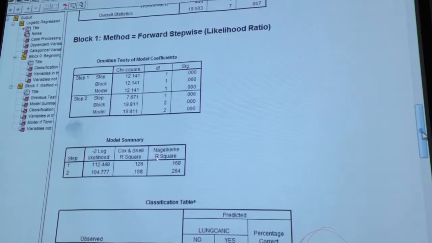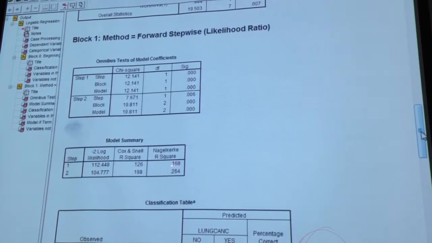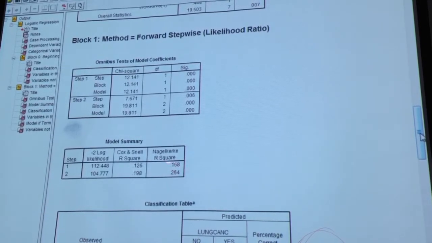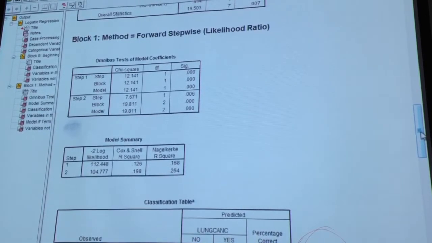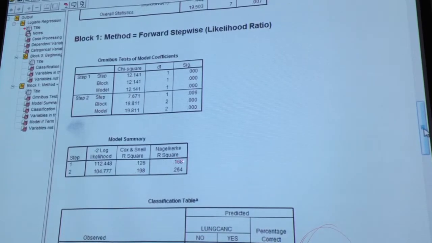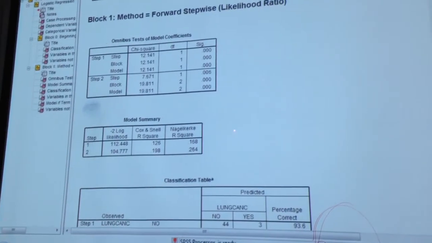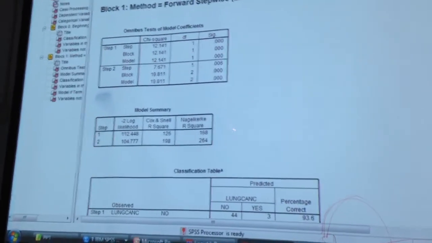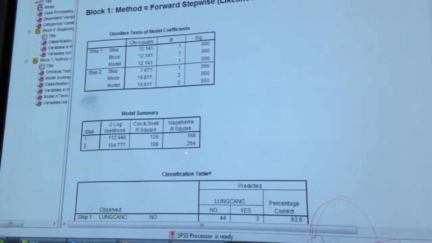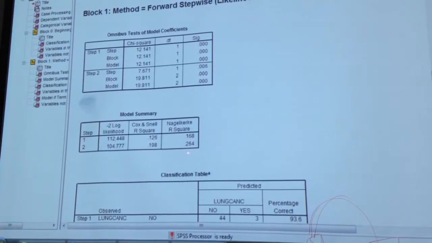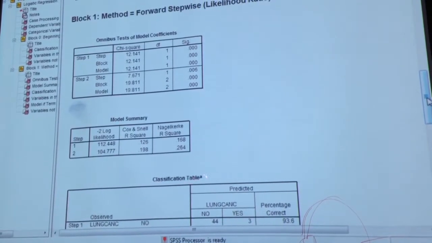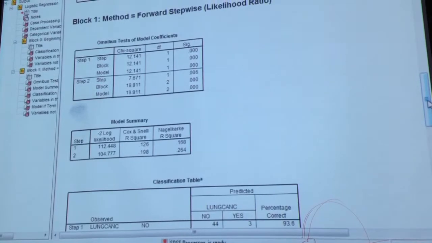Lung cancer, isn't it? 16.8% of the lung cancer is because of the first predictor. We don't know the predictor yet. 26.4% of the lung cancer is because of the 2 variables together, the 2 significant variables.